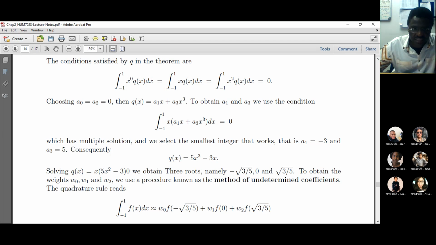So that's exactly what we obtain when we integrate this expression. It's easy to see, because if you integrate this, you get an equation in A1 and A3, because the x will be integrated. Okay, let me do that for you.